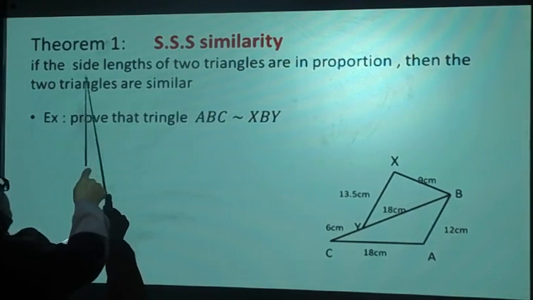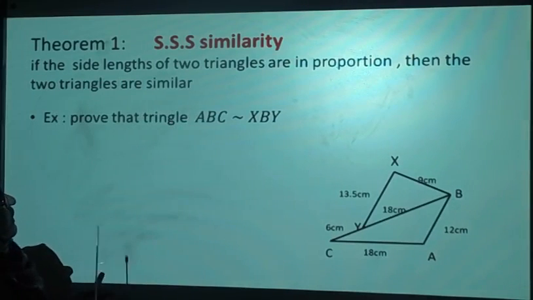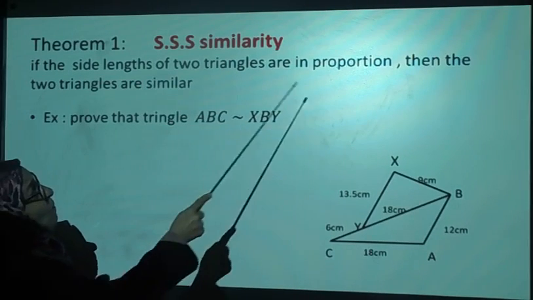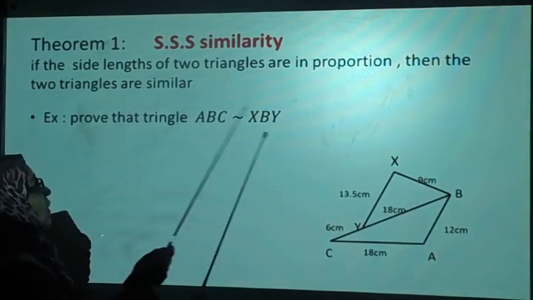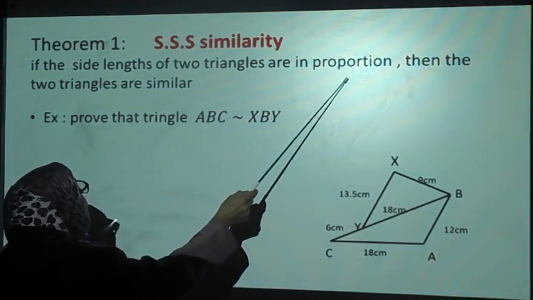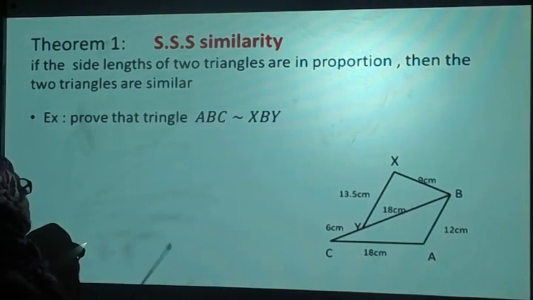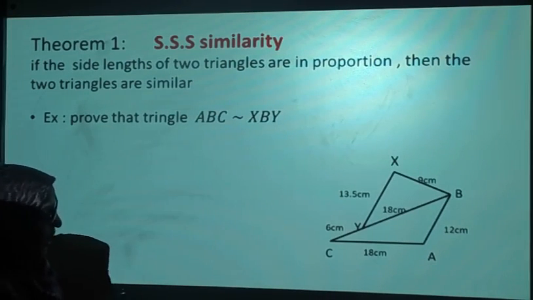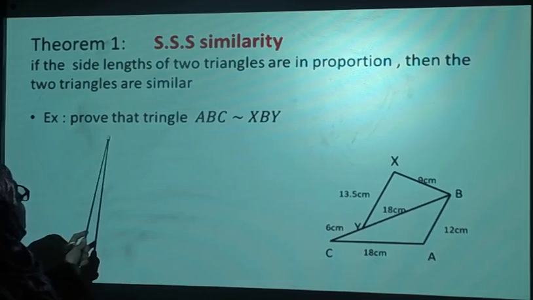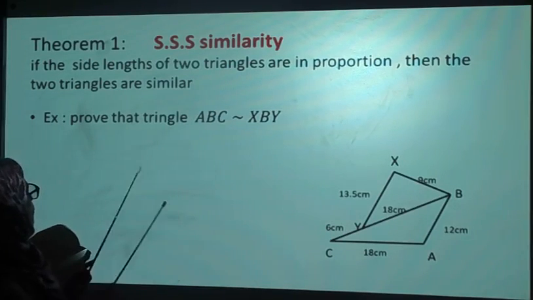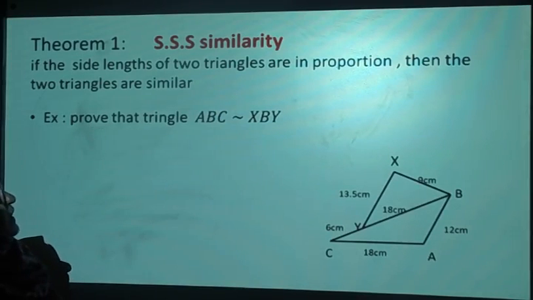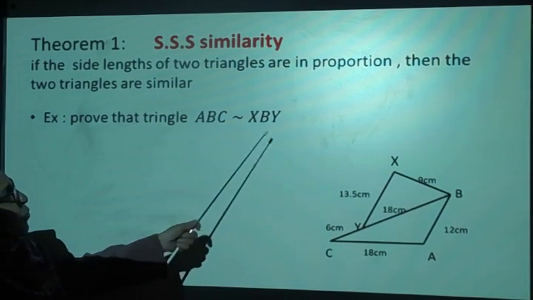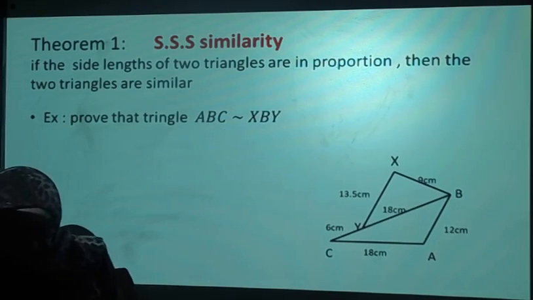So if the side lengths of two triangles are in proportion, not equal like before, then the two triangles are similar. So now, in this example, we need to prove that the two triangles ABC and XBY are similar.